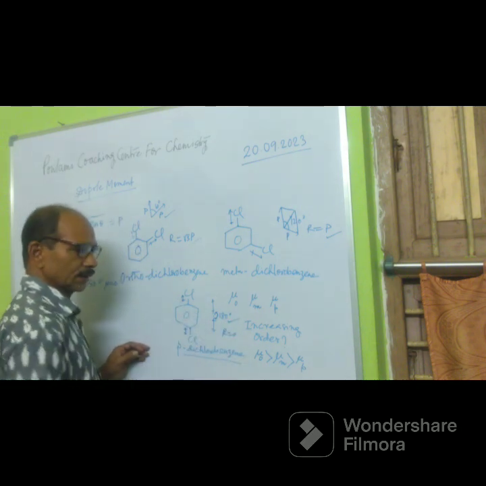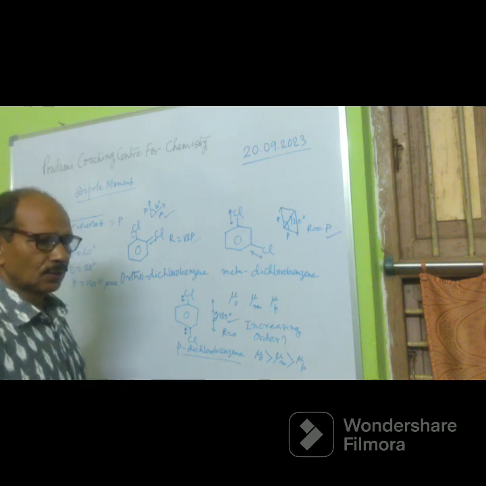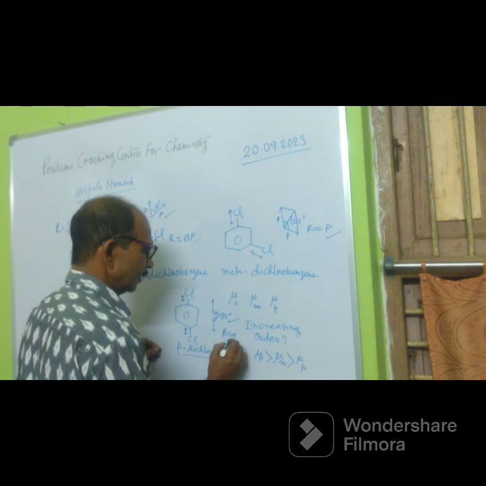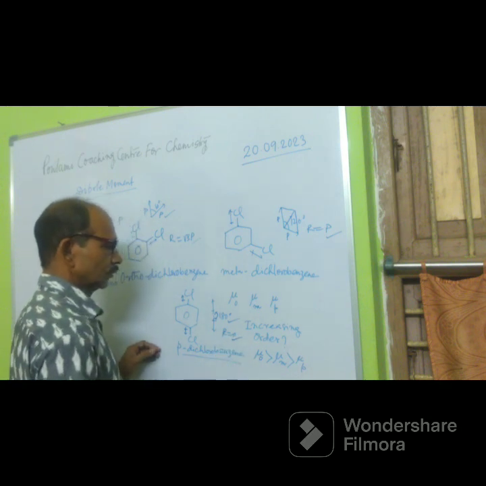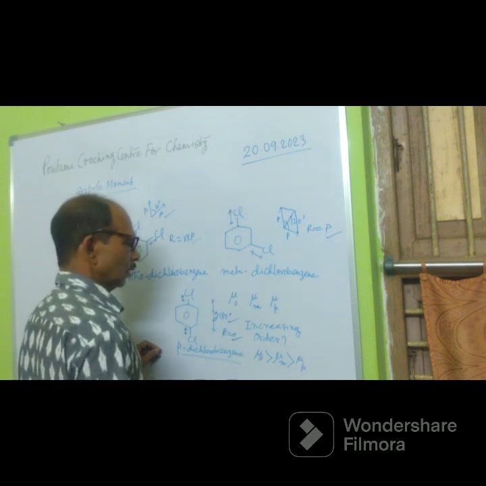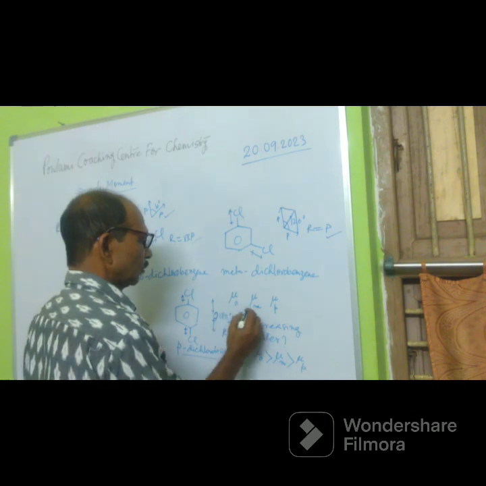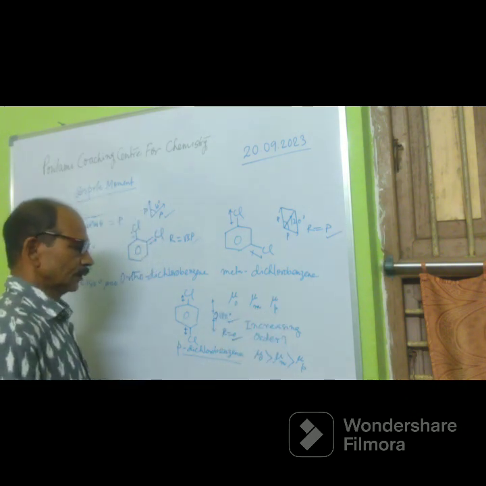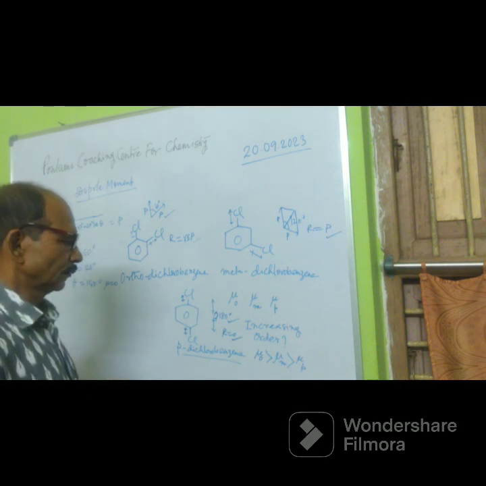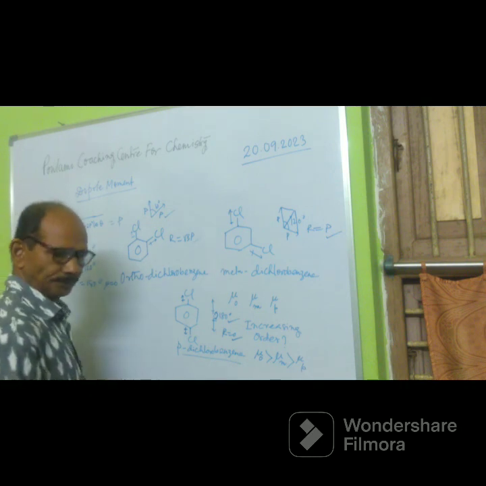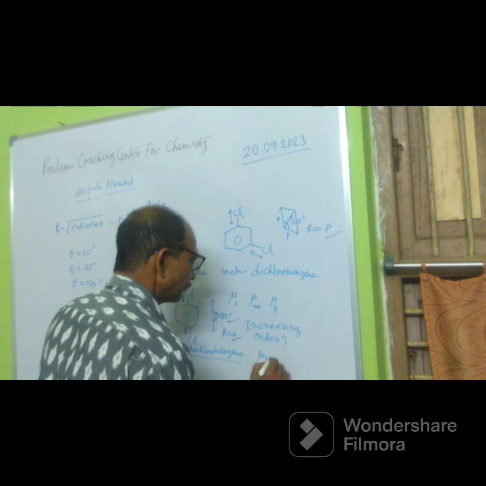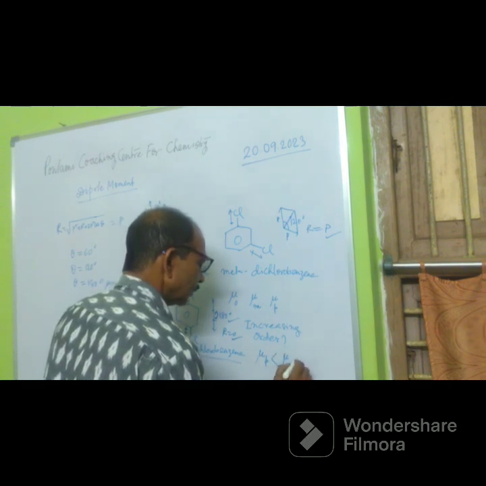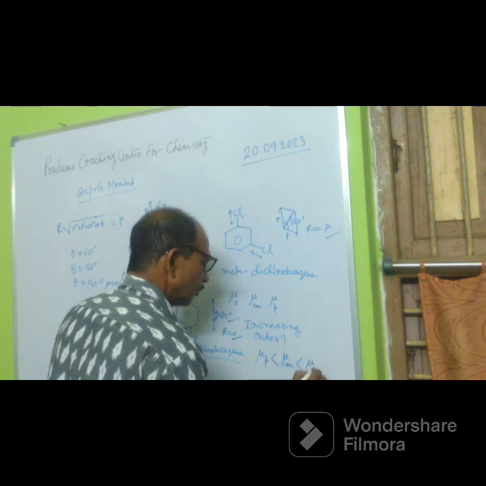So these two oppose each other, and the result is obviously 0. So if we compare mu of ortho, mu of meta, and mu of para, the increasing order will be mu of para, then mu of meta, and then mu of ortho.